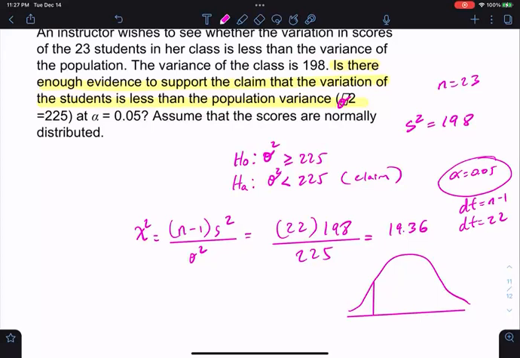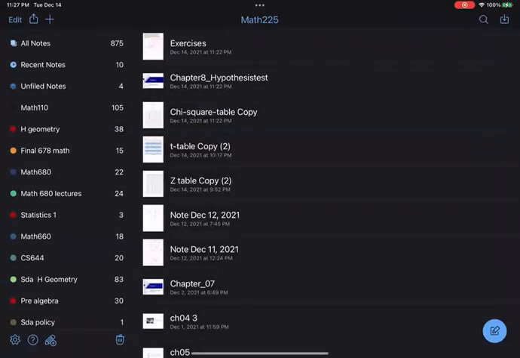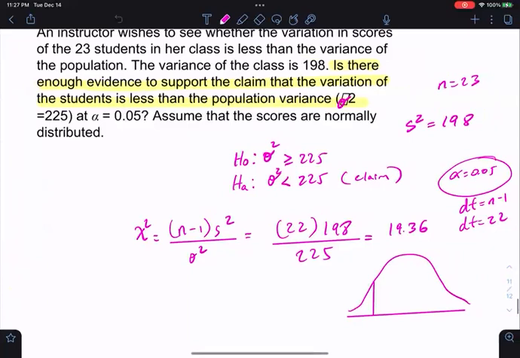We look at the table and find the value for 22 and 0.05. We said that it was less, and less means to the left. So we need to subtract, 1 minus 0.05, which is 0.95.